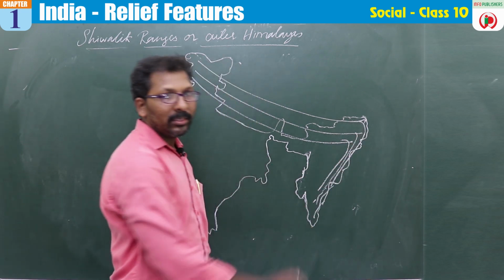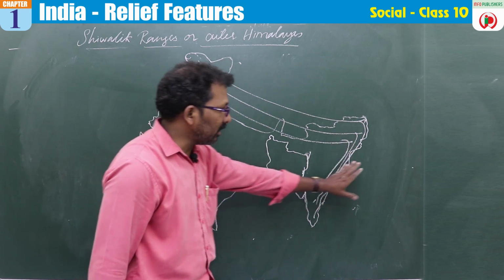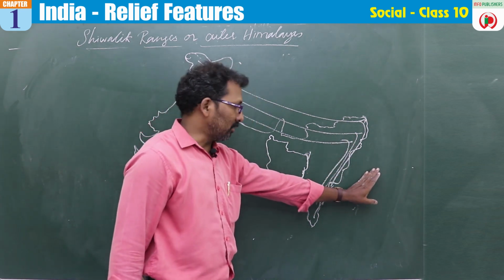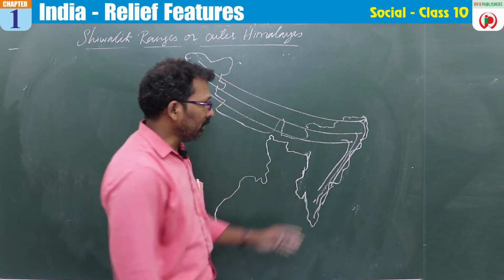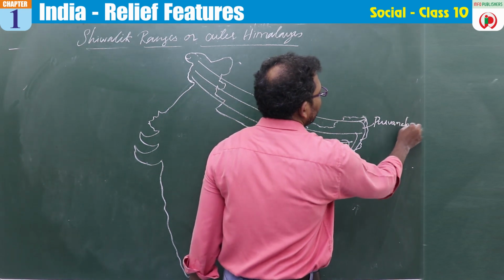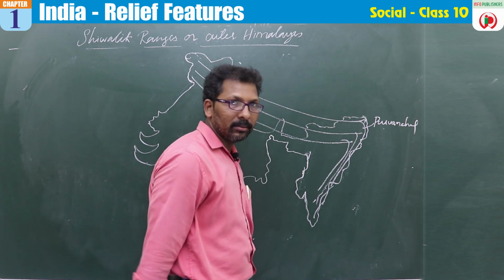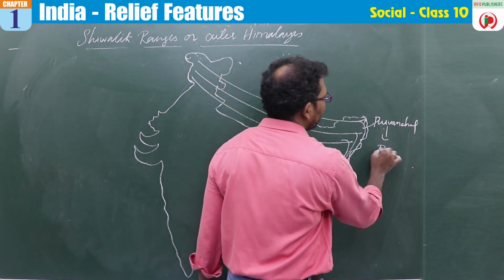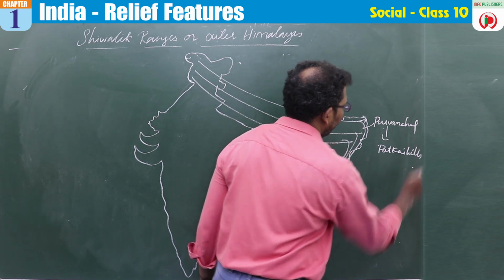They form the eastern boundary, protecting the northeastern states from the neighboring country. This eastern boundary is called Purvanchal, but regionally it is also called Patkai Hills.